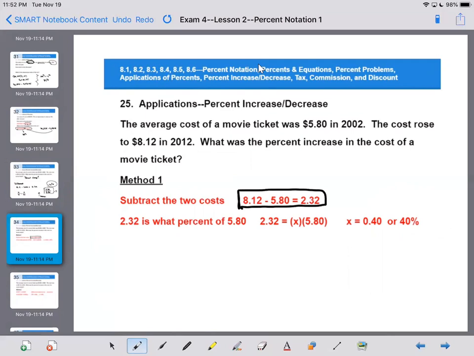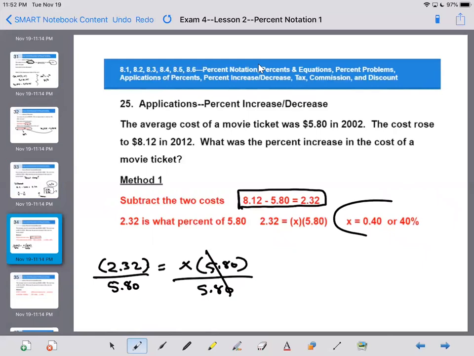So one method is saying, I know that $2.32 is some percent of $5.80. Then what we would do is divide both sides by 5.80, and so x would be 0.40, or 40%.